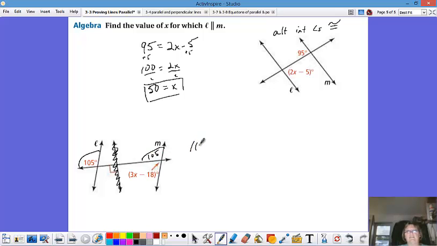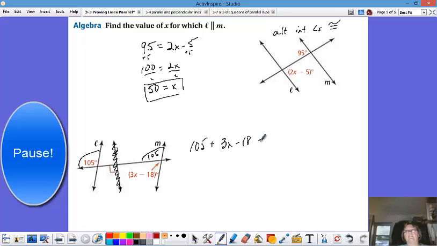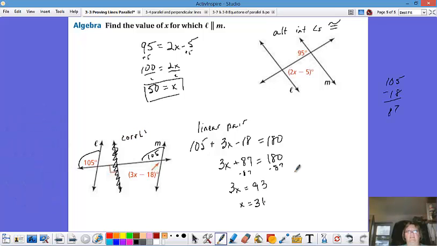So if we add the 105 to the 3x minus 18, that has to be 180, right? Because that's a linear pair. I'm going to just write that right here. Linear pair. And we got there by using corresponding angles. An x of 31 will do what we want, which is make lines L and M parallel.